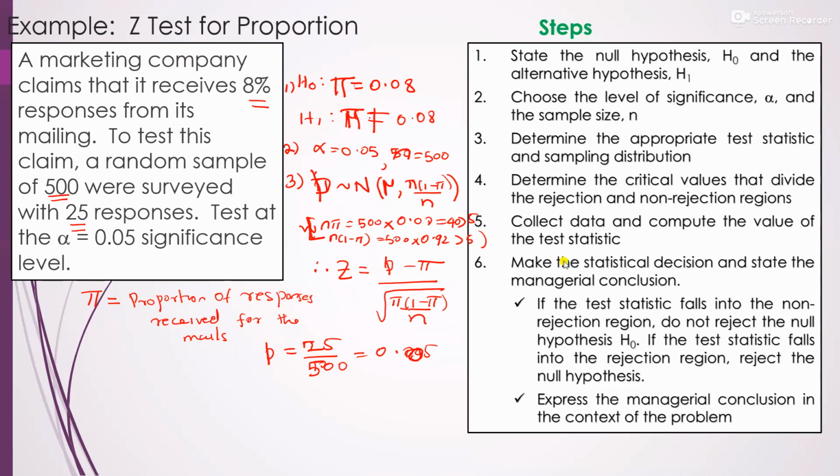Then applying this formula, where pi is known, that is 0.08, you get a Z value of, check with that, minus 2.48.